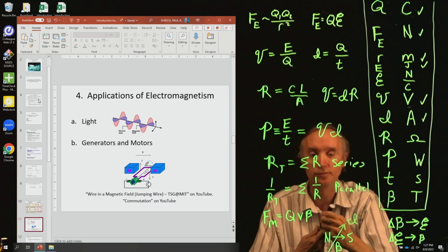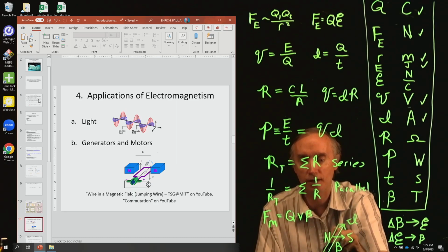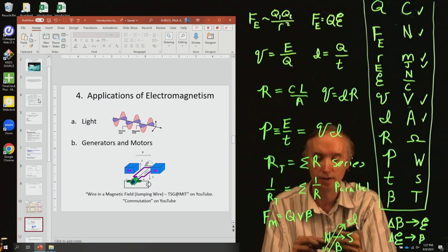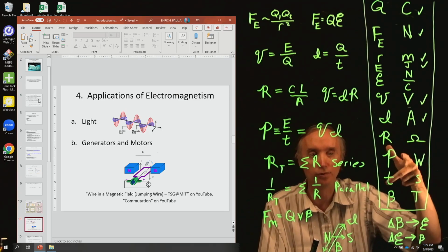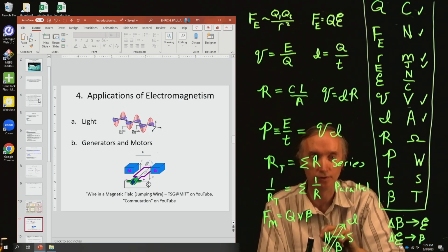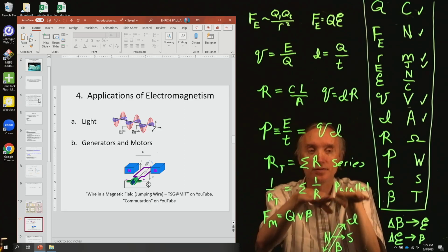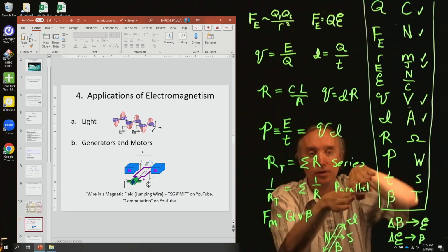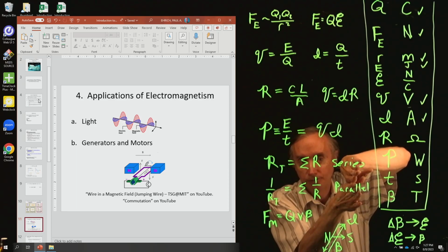Okay, then take the wire and bend it so that it makes a coil. So here's another wire that's coming out of the board, and then use your right-hand rule to figure out what that wire is going to do. Put the two effects together, and it's going to cause the coil to twist like this in that magnetic field.